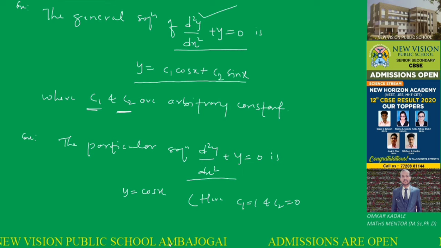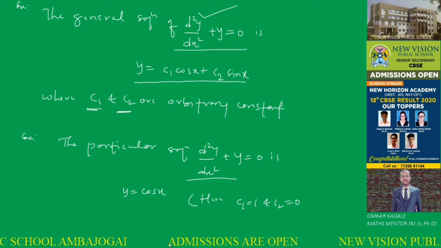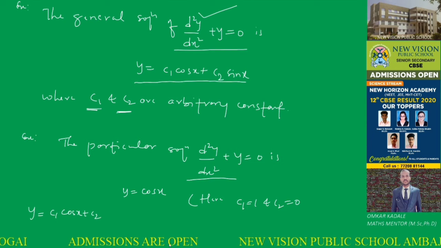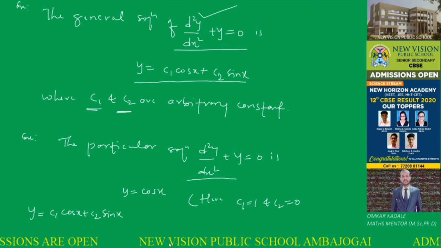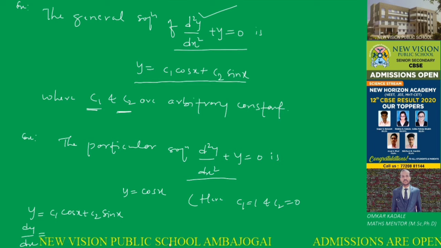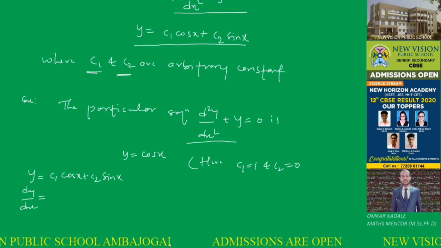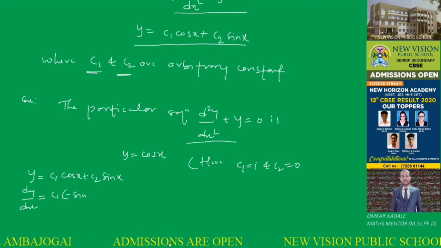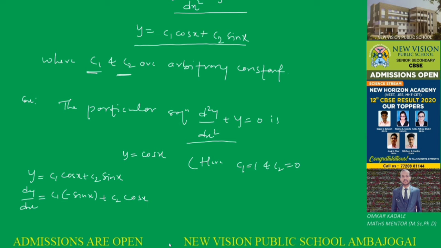In the first equation, the solution is y equals to c1 cos x plus c2 sin x, for the general solution. If we differentiate, dy by dx equals c1 as it is, since it is a constant, times the differentiation of cos x, which is minus sin x, plus c2 as it is, times the differentiation of sin x, which is cos x, right?